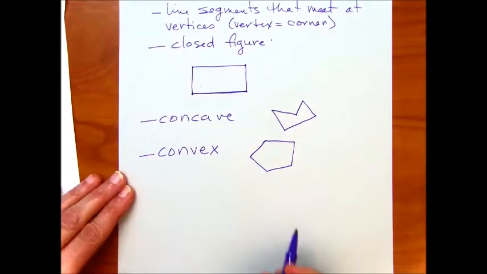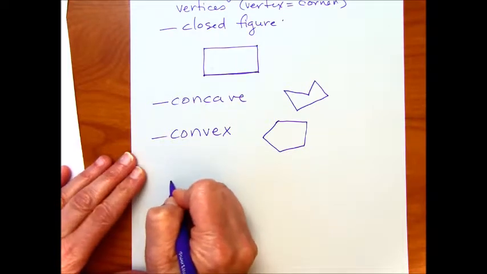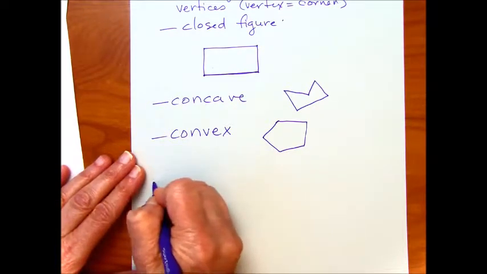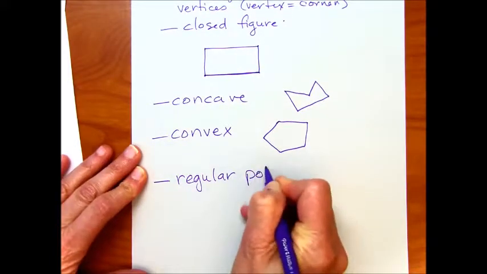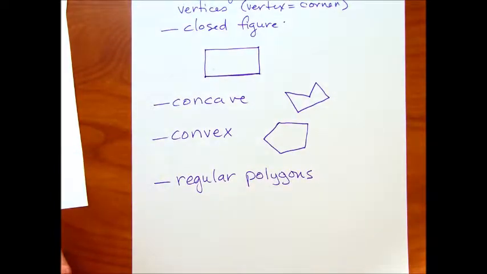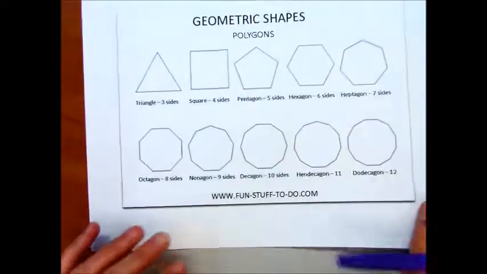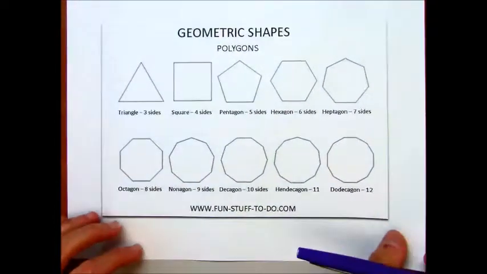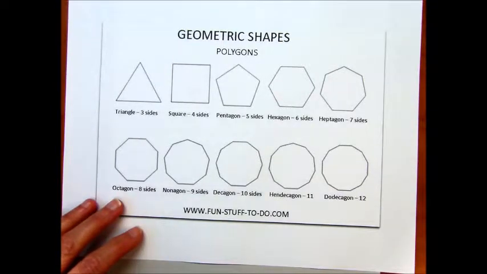Now there's one other thing that I want to mention that we want to specify, and that's regular polygons versus irregular polygons. So we've got regular polygons, and let me see if I have a picture. Here's some examples, I'll go to this one here that I had out earlier. All of these are regular polygons, and there are two reasons why they're regular.